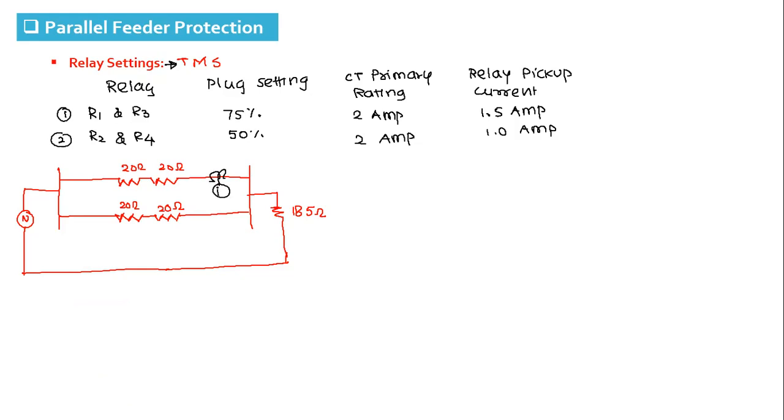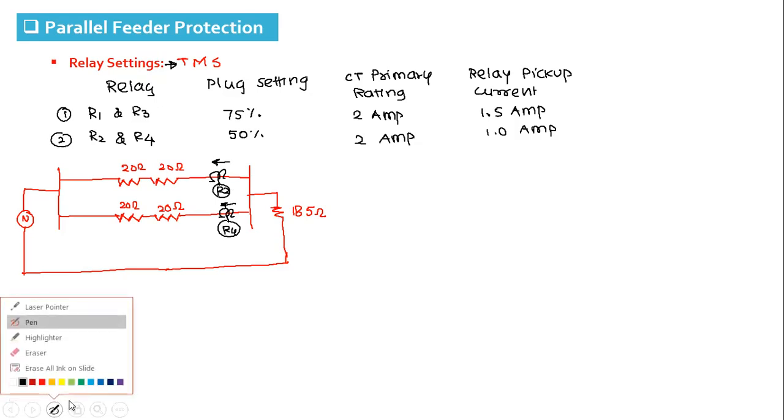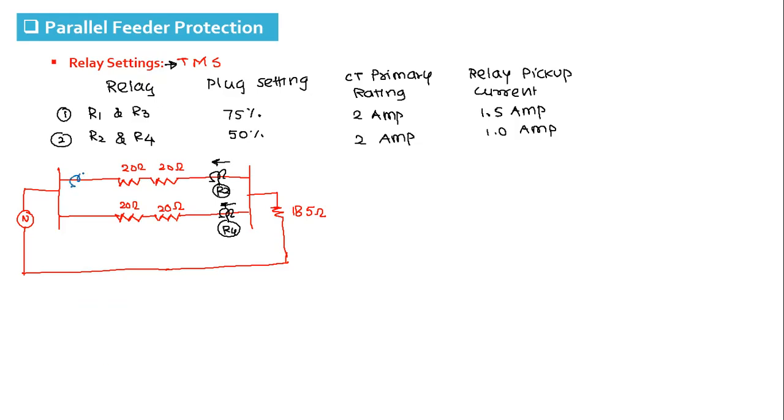R2 and R4 are the directional relays with operating direction away from the bus, and R1 and R3, the relays towards the source, are non-directional.